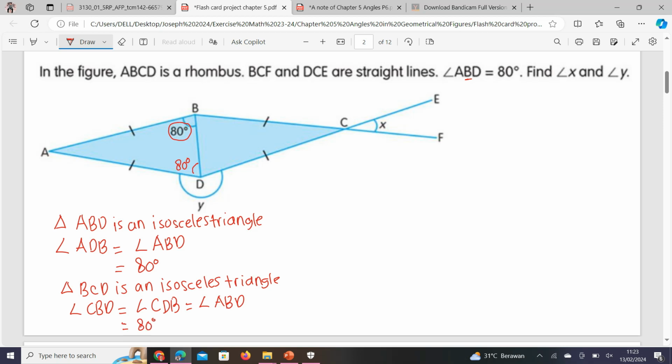So you can put here 80 degrees for the angle CDB and the angle of CBD.